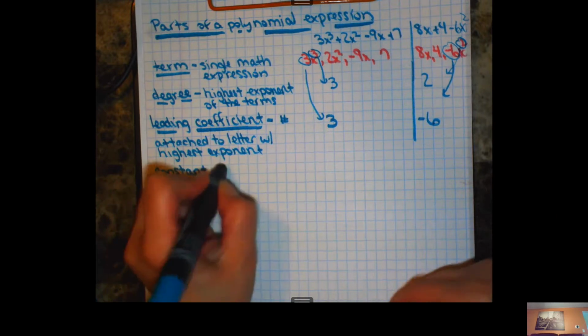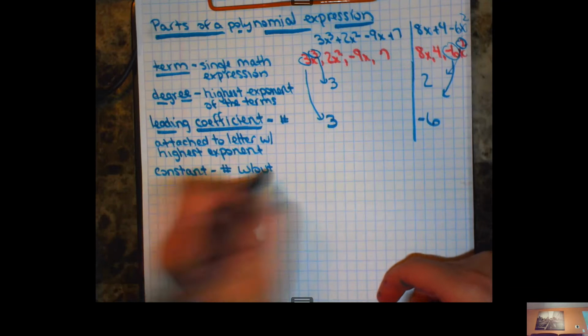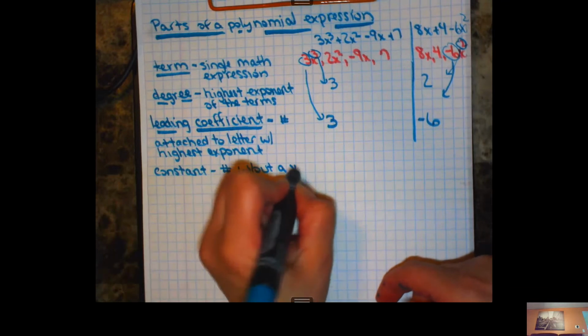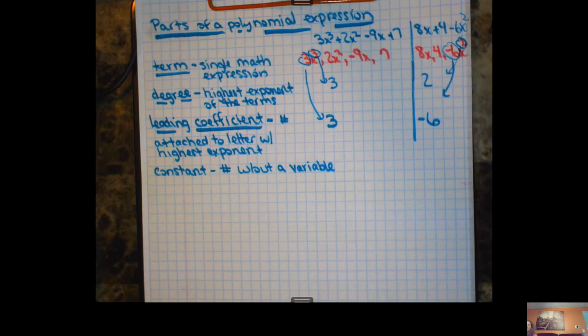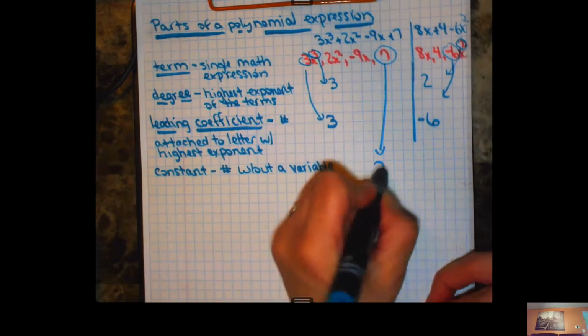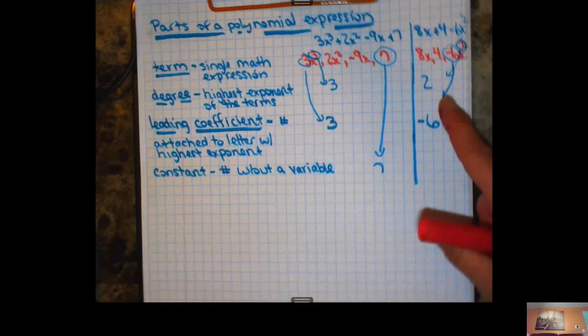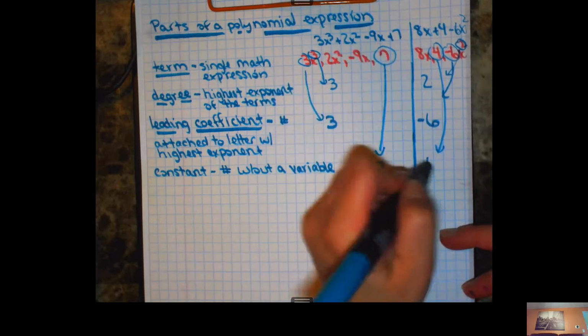So I'm just going to write number without a variable. So for instance, if you look at all of our terms, the number without a variable would be a 7, so that would be our constant. If you look over here, the number without the variable would be a 4, so I'm going to put 4 down here.